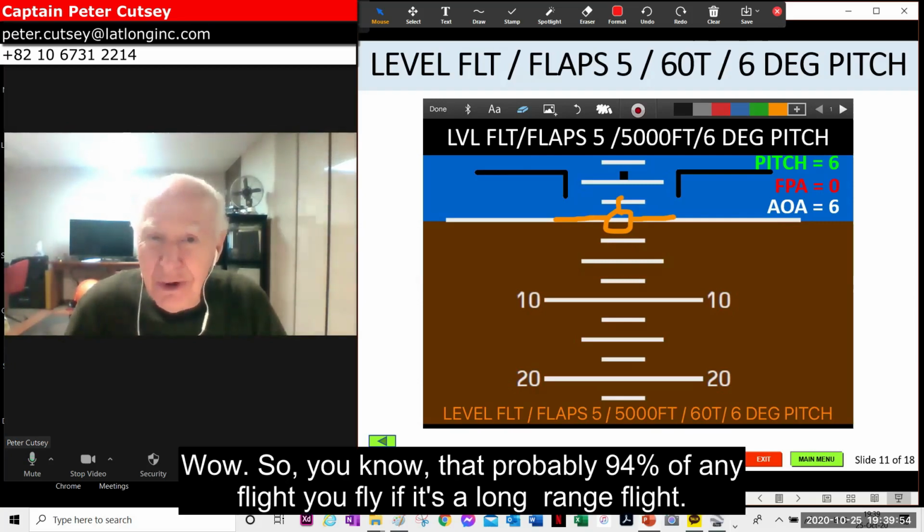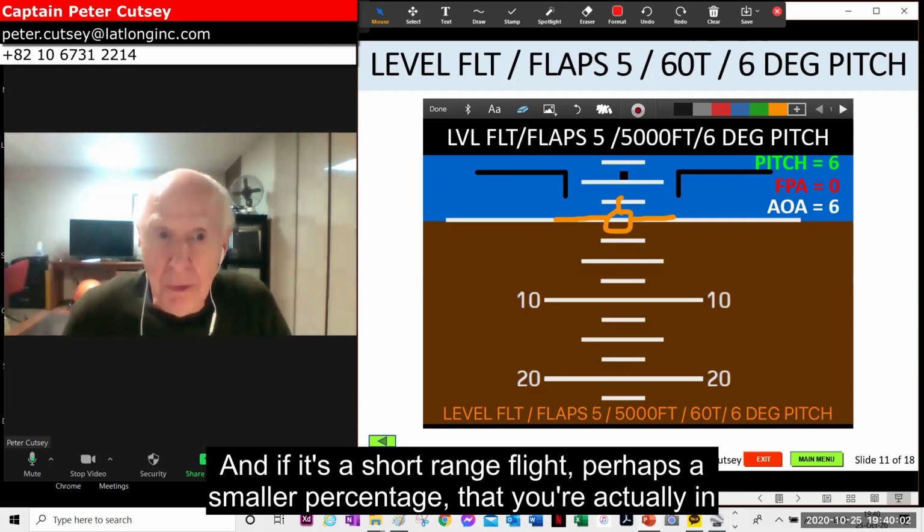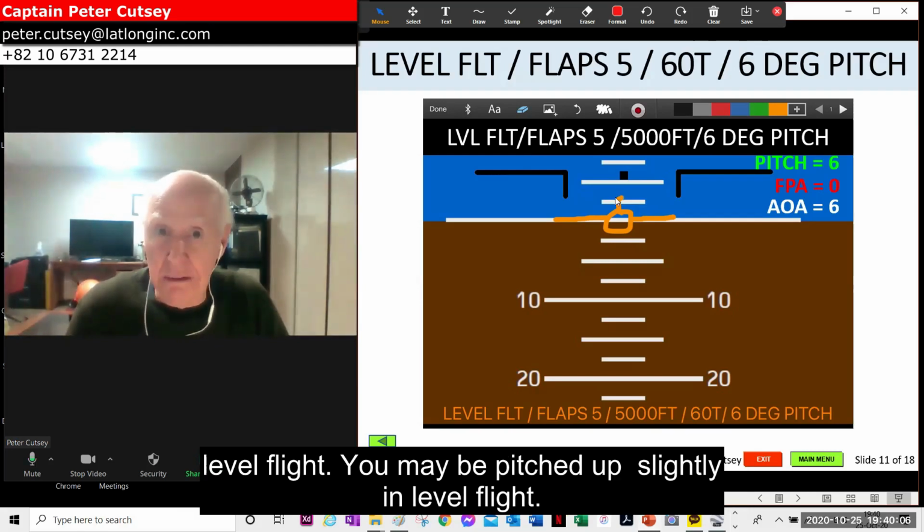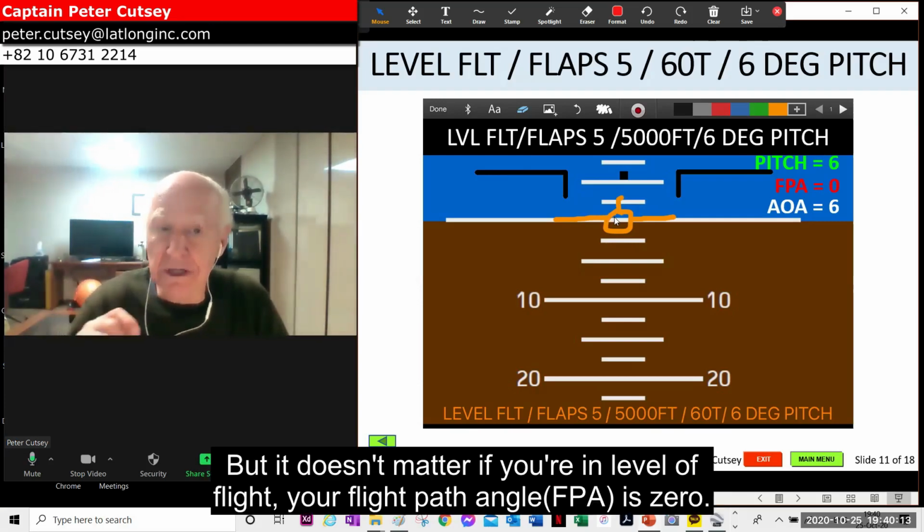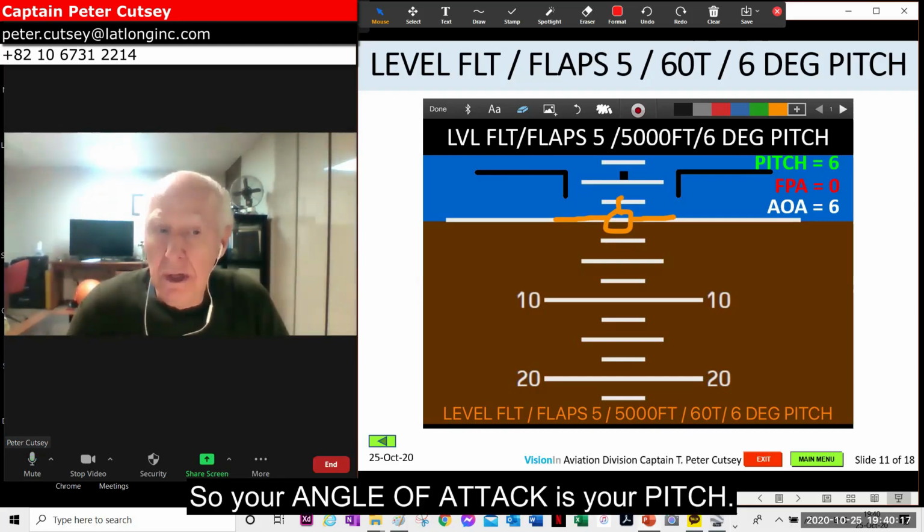So you know that probably 94% of any flight you fly, if it's a long-range flight, and if it's a short-range flight, perhaps a smaller percentage, you're actually in level flight. You may be pitched up slightly in level flight, but it doesn't matter. If you're in level flight, your flight path angle is 0. So your angle of attack is your pitch.